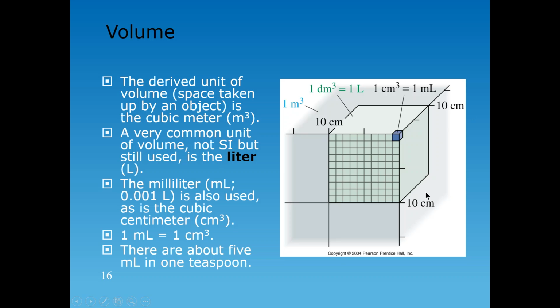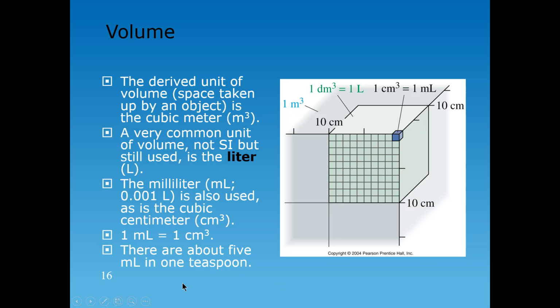So this is just showing you the relationship between the different units of volume. I want to point out that 1 milliliter is the same thing as 1 centimeter cube. So the centimeter cube and the milliliter unit is basically the same thing. And therefore, as a result, the decimeter cube and the liter unit is also the same as well.